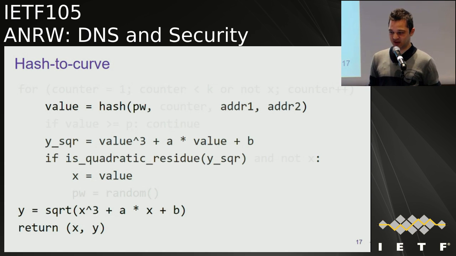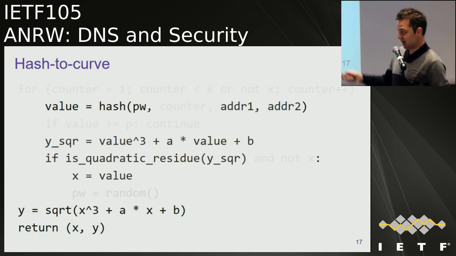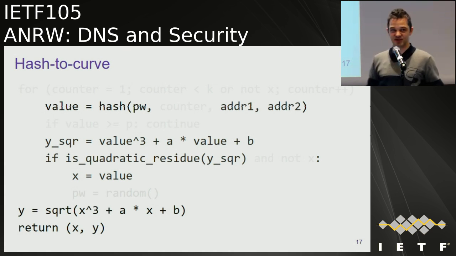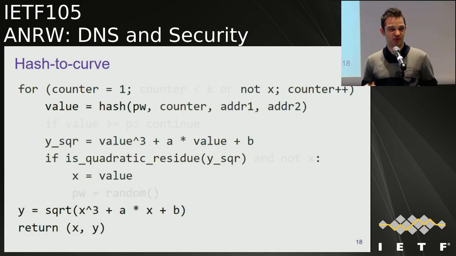Well, the first thing we can do is calculate this value here, which is basically Y squared, and we can see if it is a so-called quadratic residue. And if this value is a quadratic residue, then we know that the solution for Y exists. And to handle the case if there is no solution, we again just perform a loop.